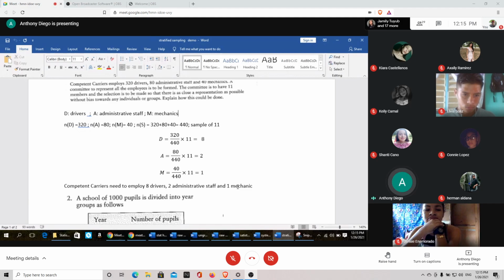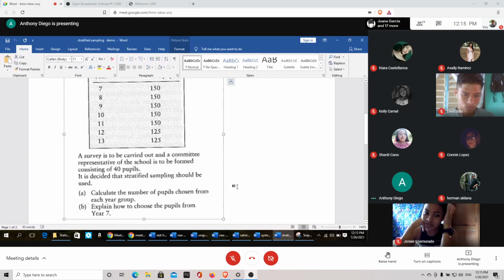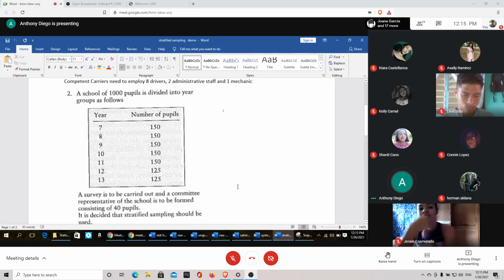Then here I have a second example. It said a school of 1,000 pupils, they already gave you the total, is divided into groups as follows. So we have year 7, year 8, year 9, and years 10 and 11, each having 150 pupils.